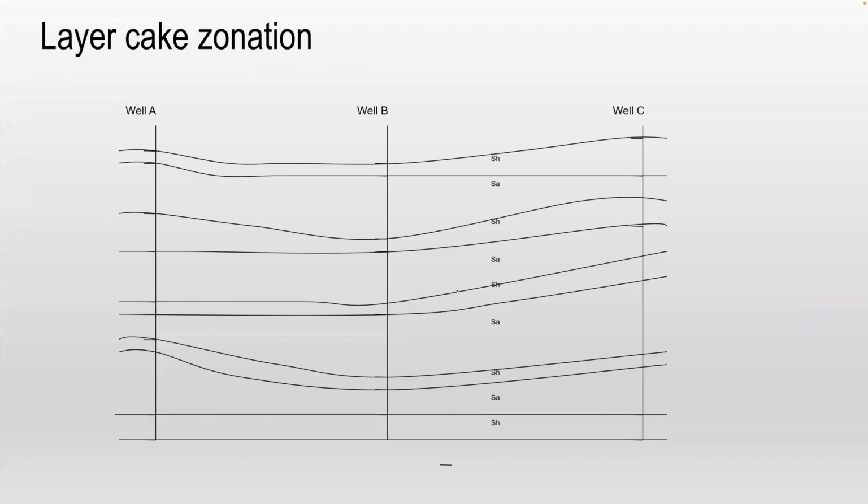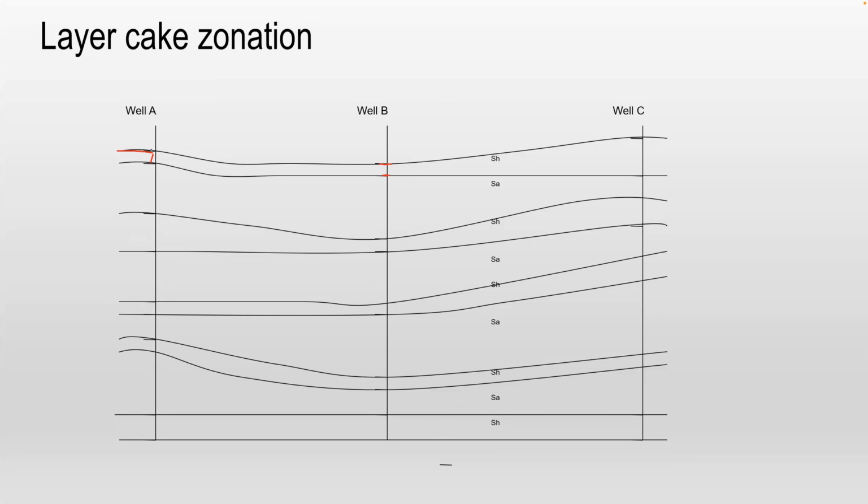So again, when someone says that this is the layer cake zonation, it means that in well A, you have 3 wells here, you have shale here, sandstone here, again shale and sandstone. In the lithostratigraphy, you just connected the surfaces or the intervals based on lithostratigraphy.